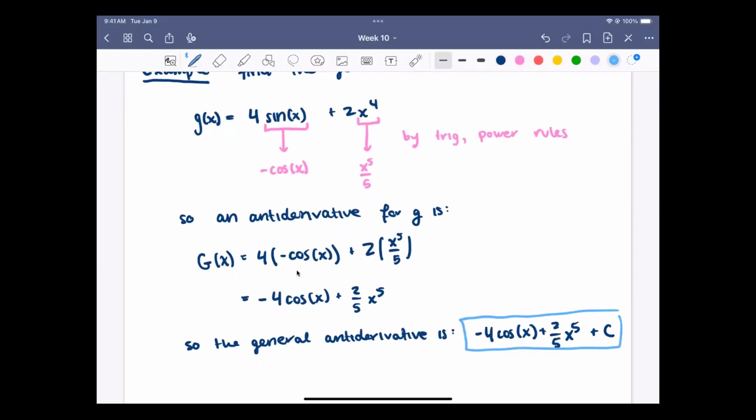Are there questions? Is this making sense? So the sum and constant multiple rules work exactly as you would hope, but the product rule does not work, right?